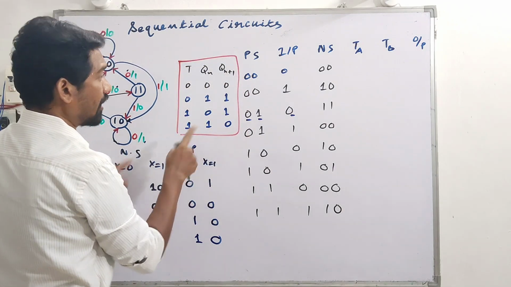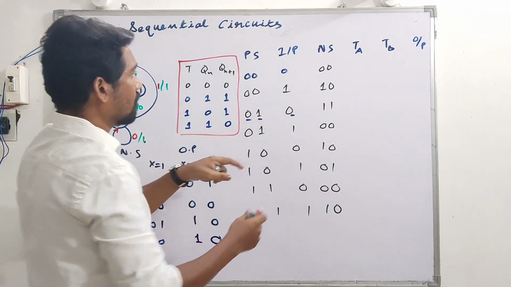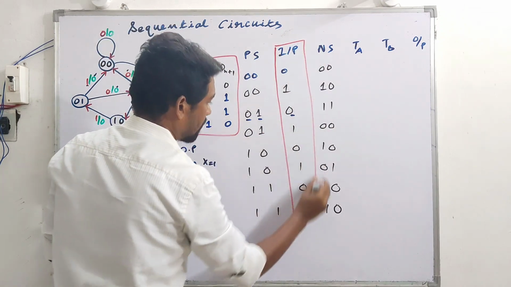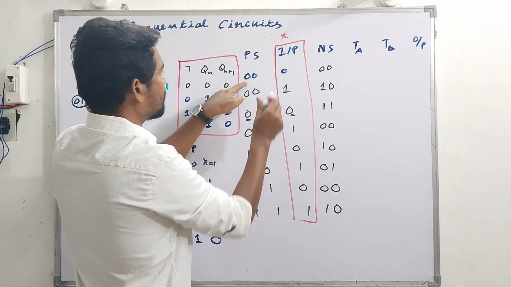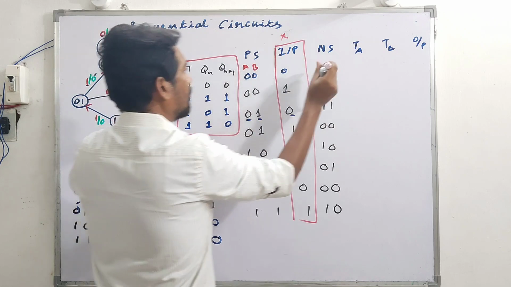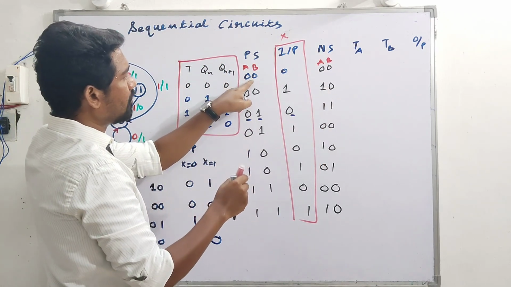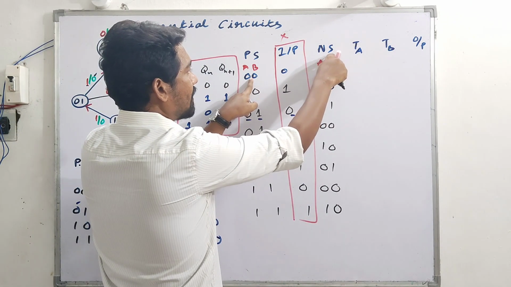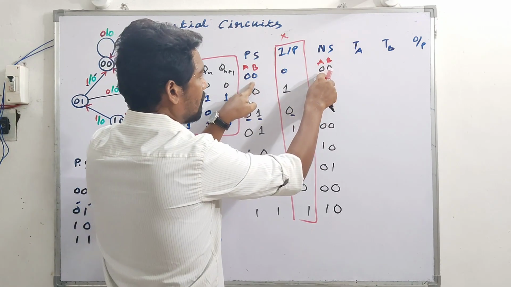Now these values have to be plugged in over here. Let me explain how that is done. Forget about the input column for the time being. Pay attention: let this be A and let this be B. The present state AB is 0 0, and the next state AB is also 0 0.